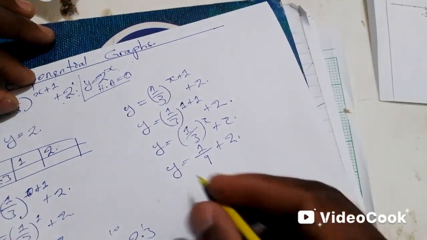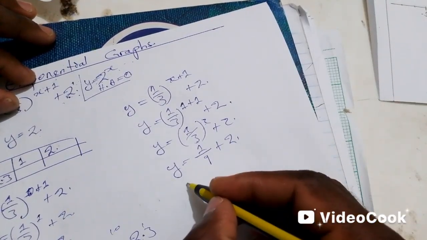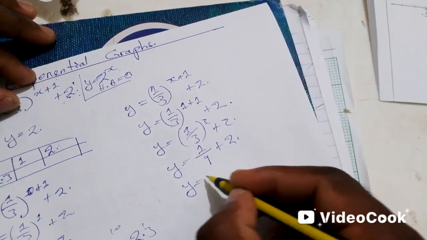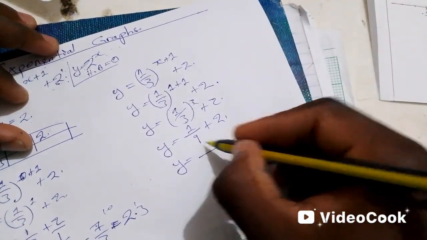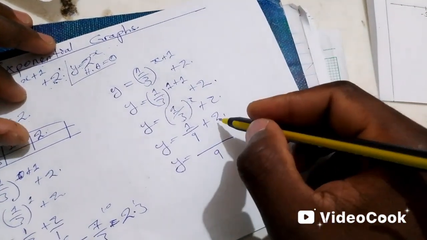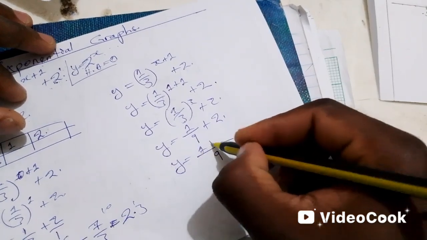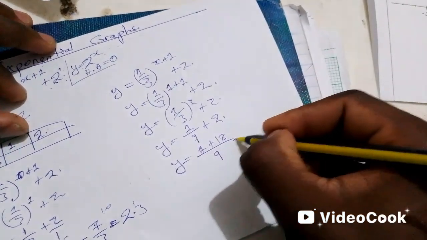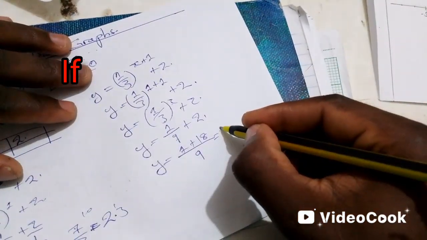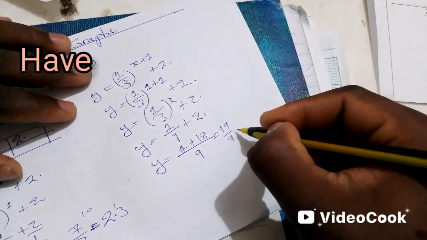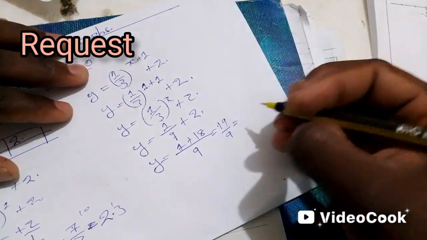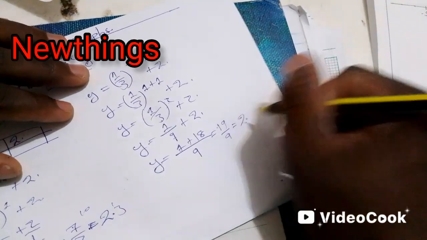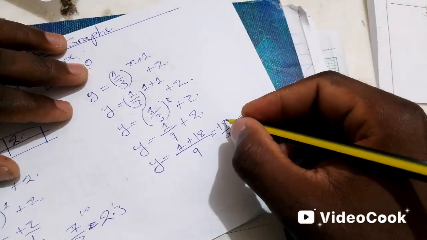This one is going to give us an answer where 9 is the denominator, whereby we are having 1 plus 18. So the answer there is 19 over 9, which is 2 remainder 1.